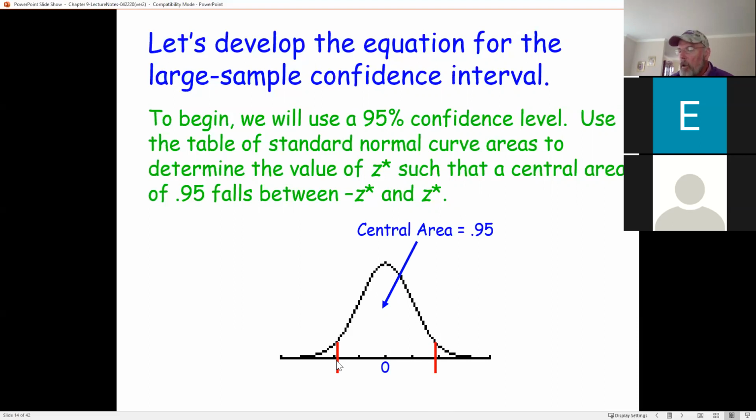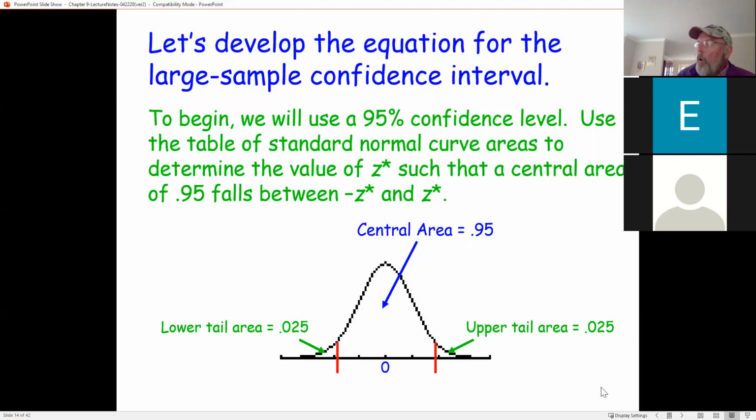You can start to think about this as an interval that goes along with 95%. With that in mind, the tails have an area of 0.025 on both the low and the high end.